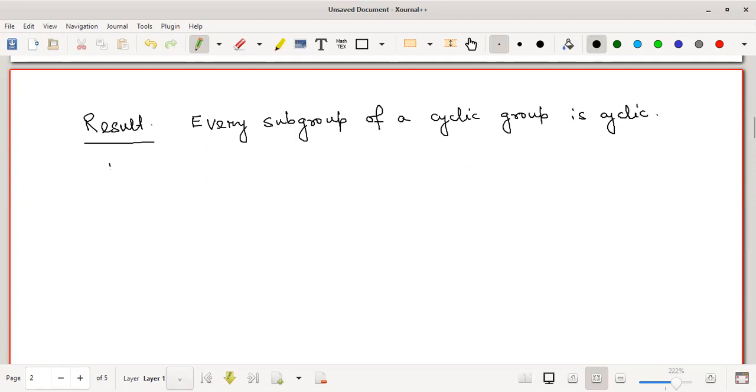Okay, so let us prove this. Proof. Let G generated by some element x be a cyclic group.